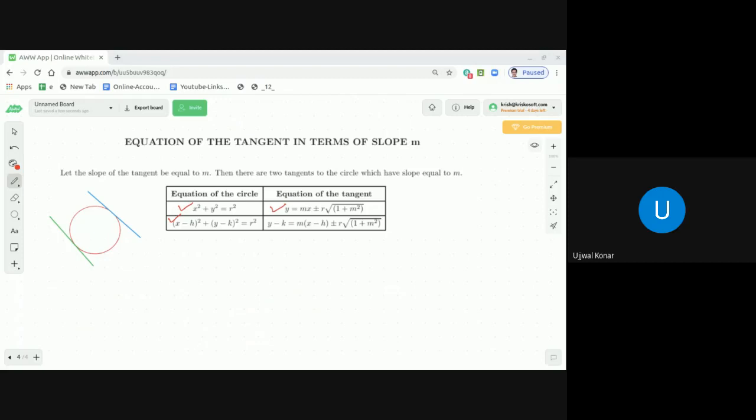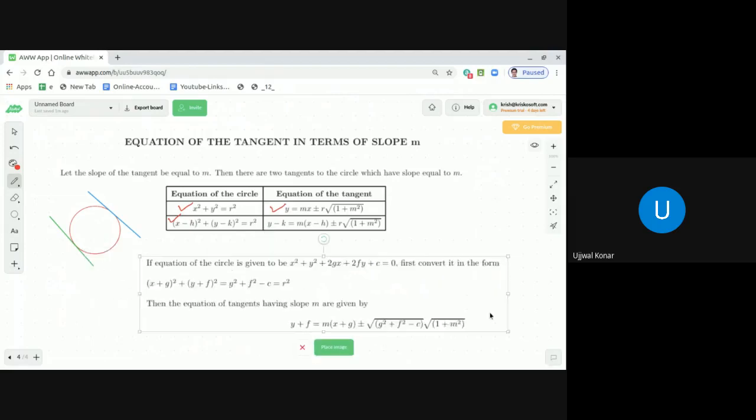Dear students, if the equation of the circle is given in this general form, then we need to follow a few steps. The steps are very simple, but we need to follow them. It is not a very straightforward tabular manner. That's why I'm explaining it here like this.